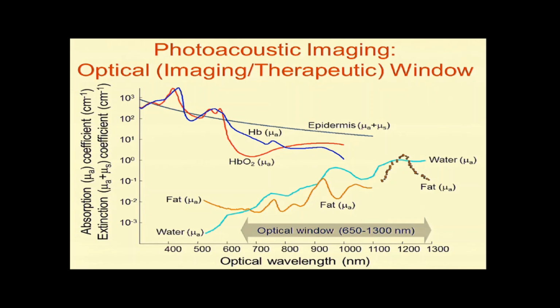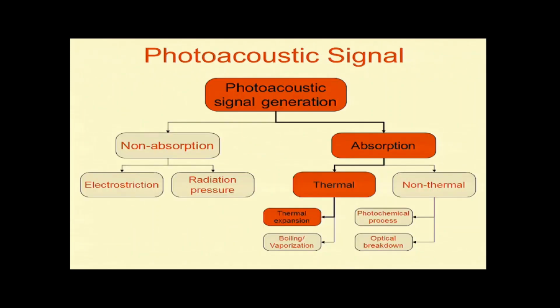But if you go even further, then the water starts absorbing too much, and so you're not going to see anything. So this is where you're stuck, right? And not surprisingly, manufacturers of current photoacoustic imaging systems will use this wavelength range as part of their imaging system.